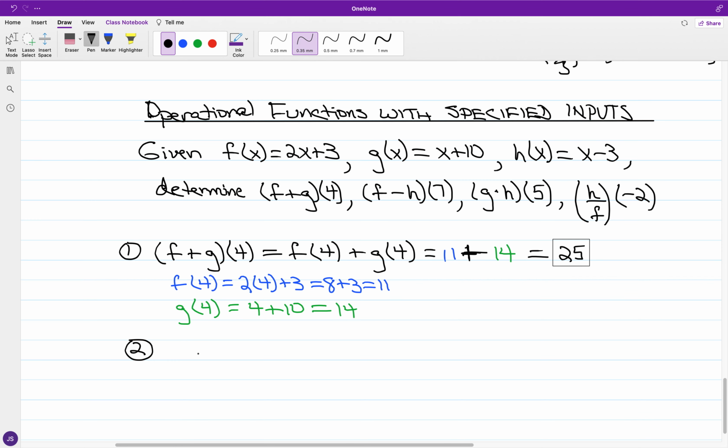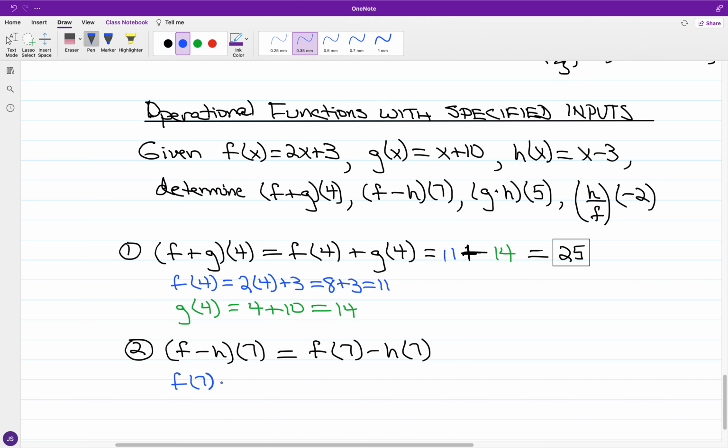All right, now for f minus h of 7. Okay, so you have your f of x minus h of x, but with x at 7. So we're now looking at f of 7 minus h of 7.